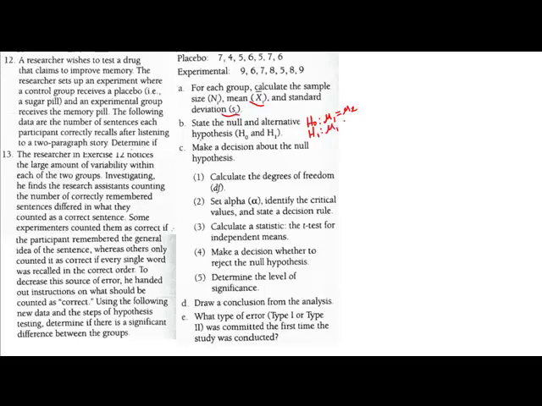The alternative hypothesis says the mean of the placebo group is not the same as the mean of the treatment group. Calculate degrees of freedom, set alpha, alpha is 0.05, state the decision rule, so we have to draw our curve and say where the shaded region of t is. Calculate the t-test for independent means, reject the null hypothesis.